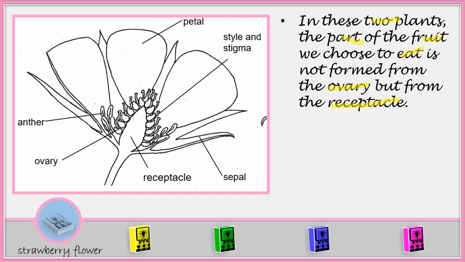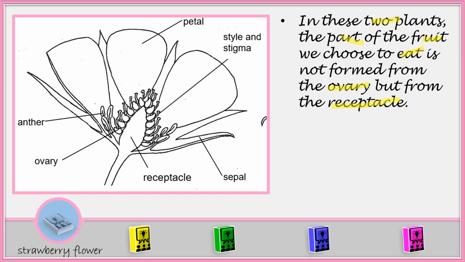So for the apple, strawberries, and we can even add on the pineapples, all those fruits, the fruit that we eat is not formed from the ovary, but from the receptacle, as we are going to see.